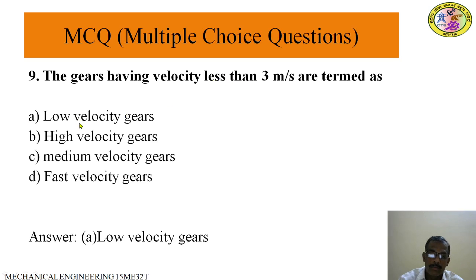If the peripheral velocity of the gears is less than 3 meter per second, that is known as low velocity gears. If the peripheral velocity of the gear is more than 15 meter per second, then that is called high velocity gears. If the peripheral velocity is between 3 to 15 meter per second, that is called medium velocity gears. Fast velocity gear is not there. It's not a type of any velocity gears. Okay. So those are the things.